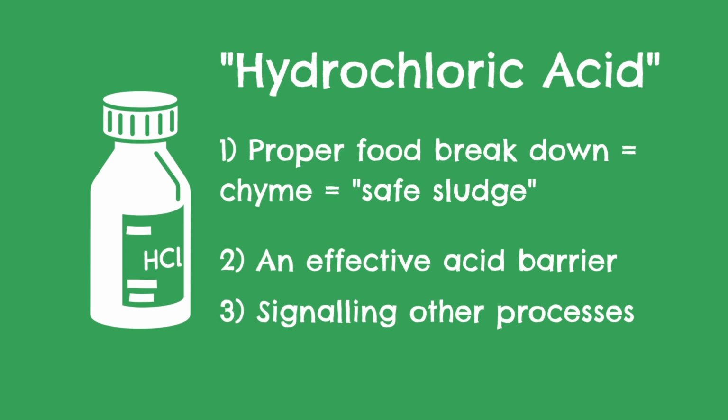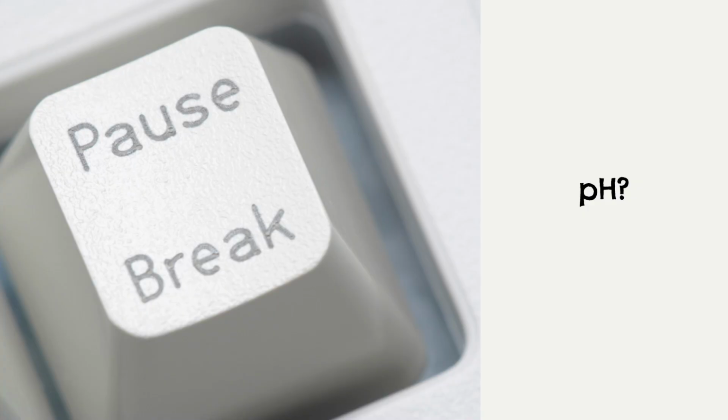So this video series will elaborate on exactly what's required from our stomach acid in order for these services to be carried out. In order to delve into that, we have to pause first and just take a minute to cover the basics. And that means defining pH.